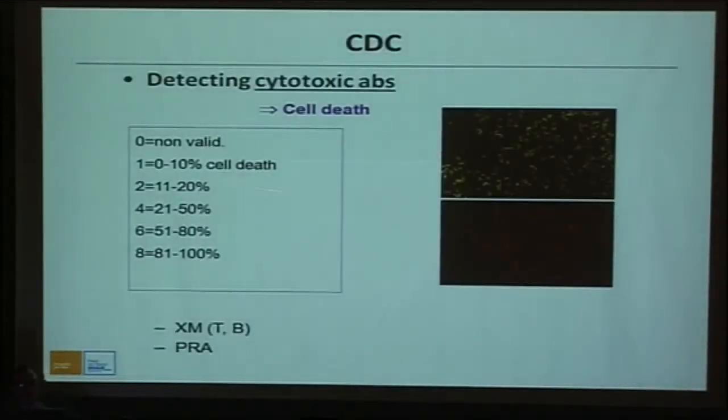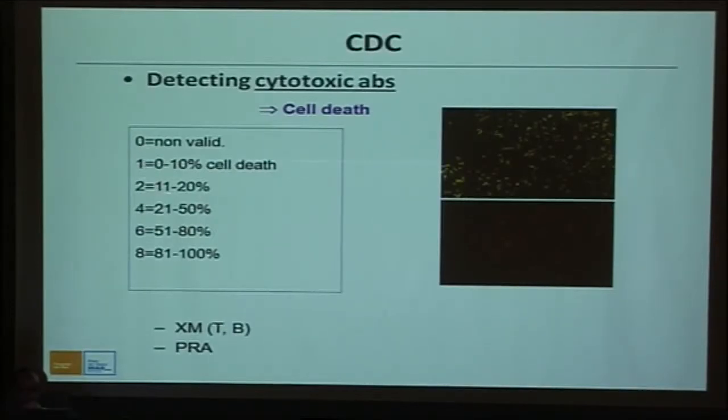Has this any importance? In my view, it has, of course. Because in the immunological lab, finally, you count the cell death in the preparation, and if you are below 10%, you have 1 point for the CDC crossmatch.